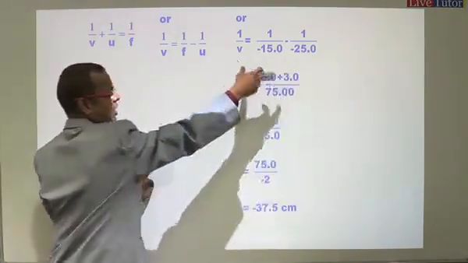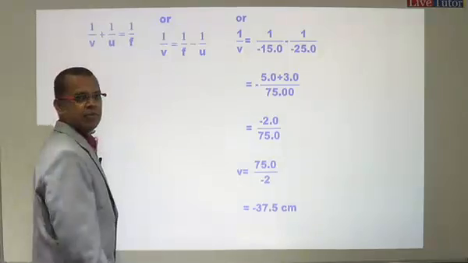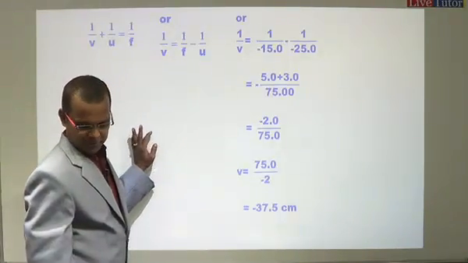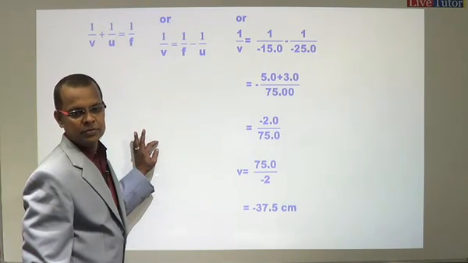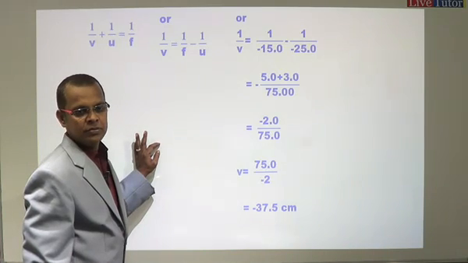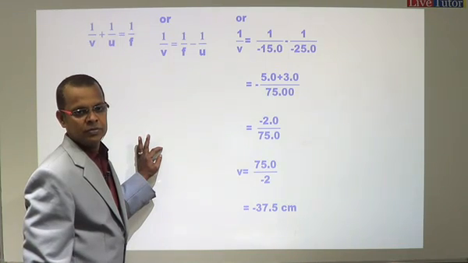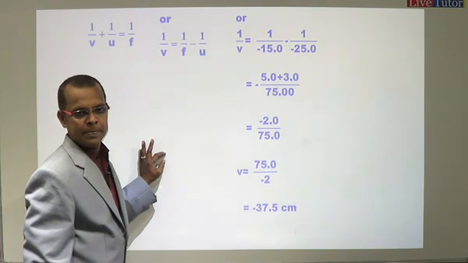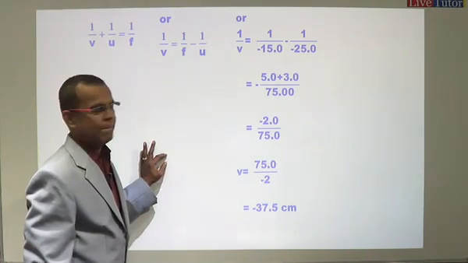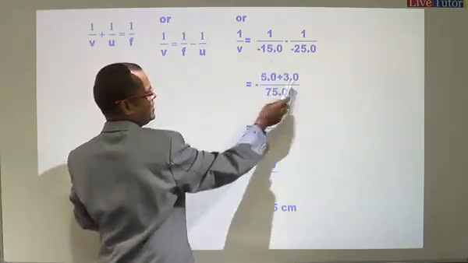What is the LCM we have taken here? 75. Hope you are thorough with the LCM. Since we have taken 75, here it should be 5 times, and here it is 3 times.